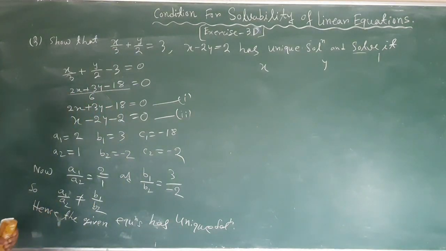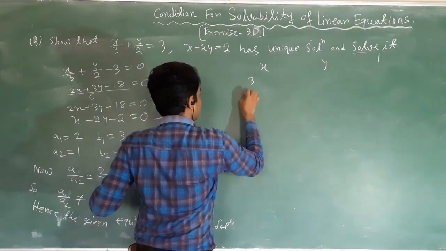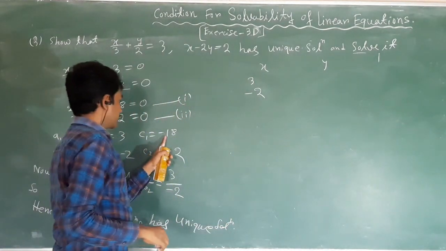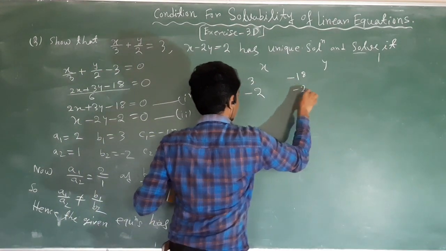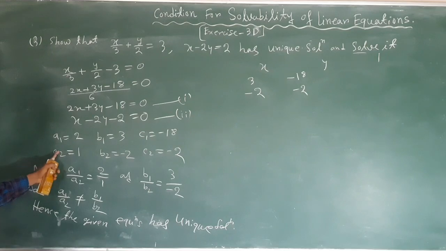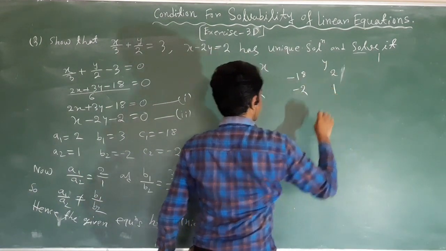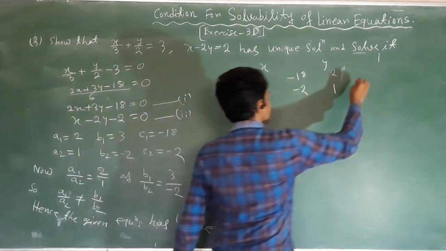We start from b: 3, minus 2. BC: minus 18, minus 2, minus 18, minus 2. CA: 2, 1. AB: 3, minus 2.